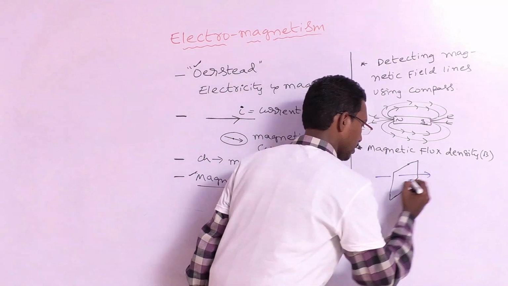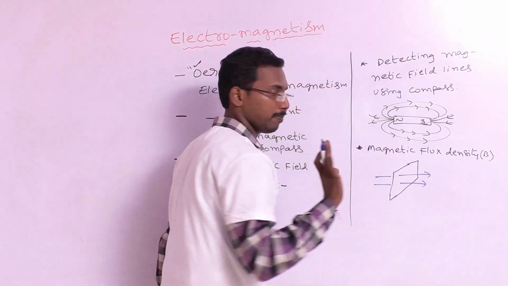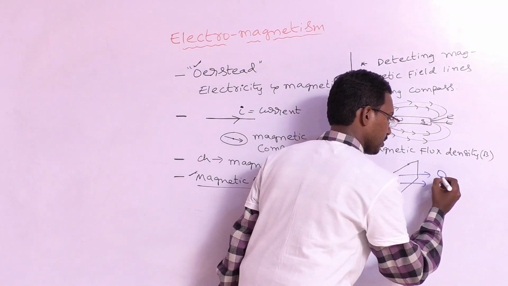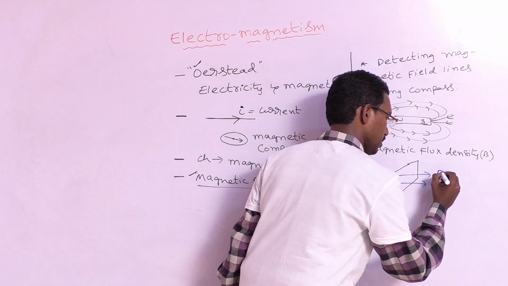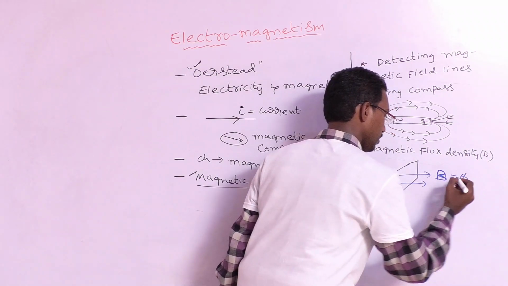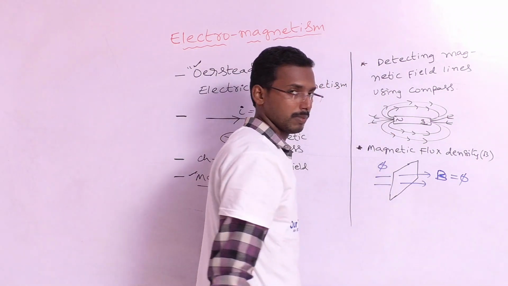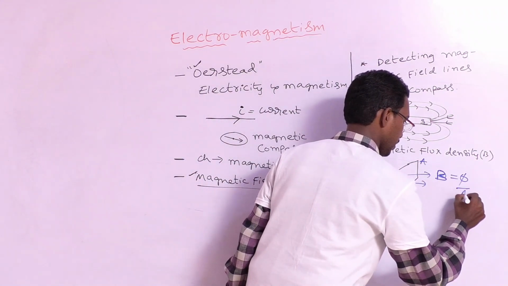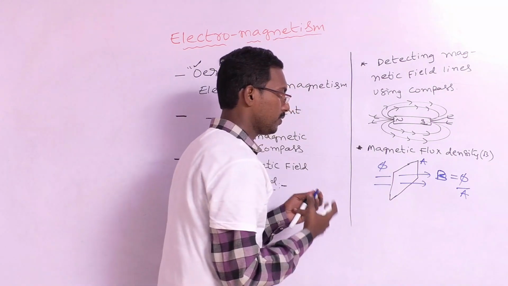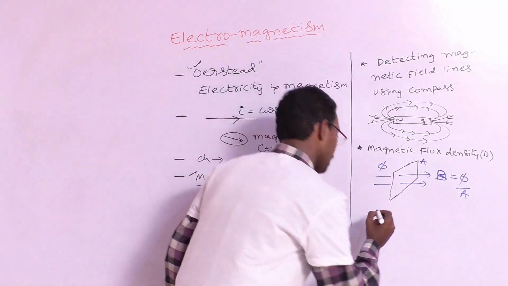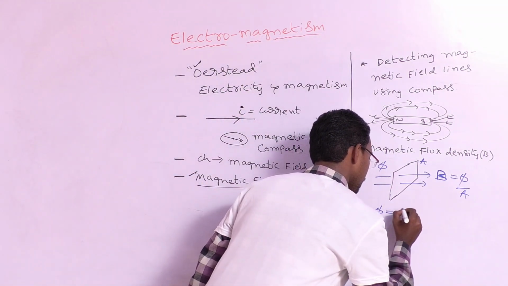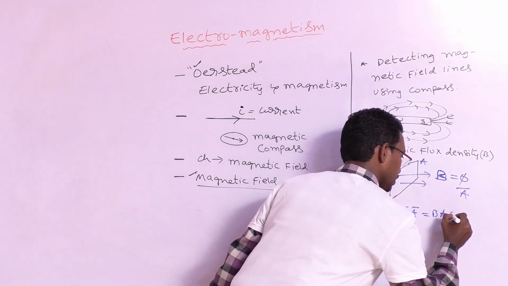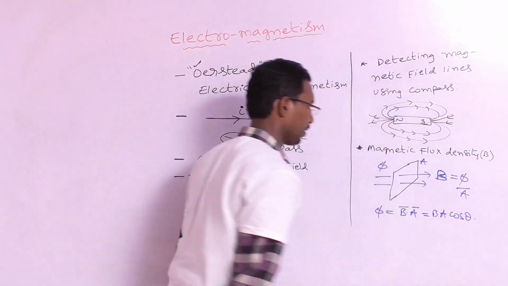If field lines come perpendicular to the paper, then magnetic flux density B is equal to the flux phi divided by the cross-sectional area A, B = phi/A. If there is a certain angle between them, we get another formula: phi is equal to B dot A, or BA cos theta.